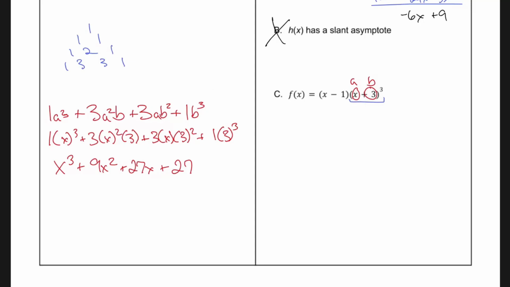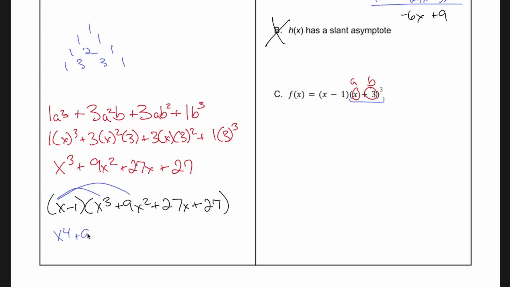So I'm still going to FOIL that with x minus 1. So x minus 1 times x cubed plus 9x squared plus 27x plus 27. You ready? X to the fourth, 9x to the third, 27x squared, 27x.